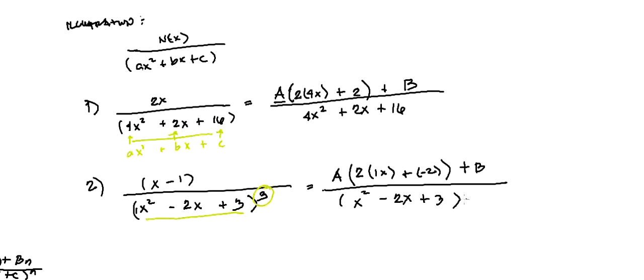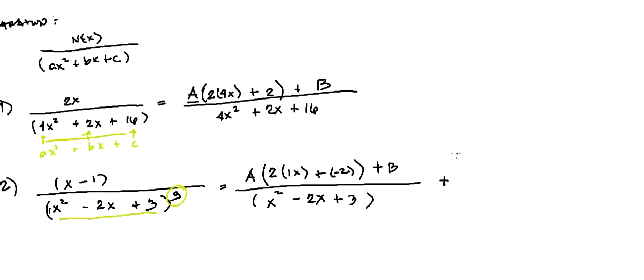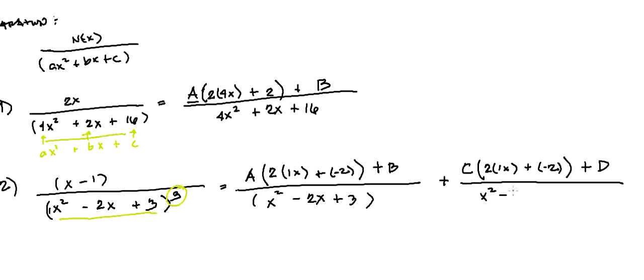So this is our first term raised to 1. Then we need to add some more. Let's have another letter, say c, multiplied by 2, 1x plus negative 2, plus d, all over x squared minus 2x plus 3, but it is now raised to 2.